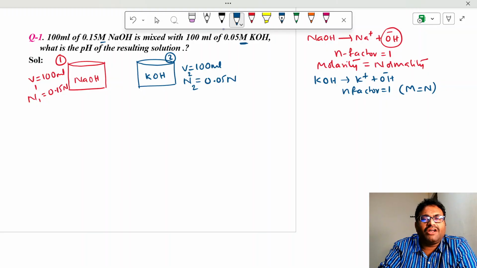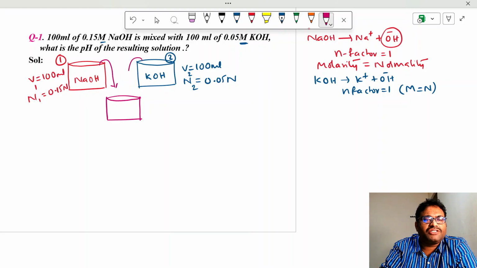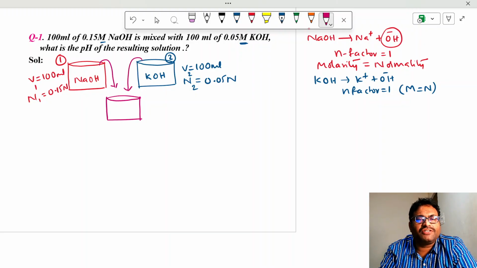So now these two are mixed. NaOH is mixed into this, KOH is mixed into this.